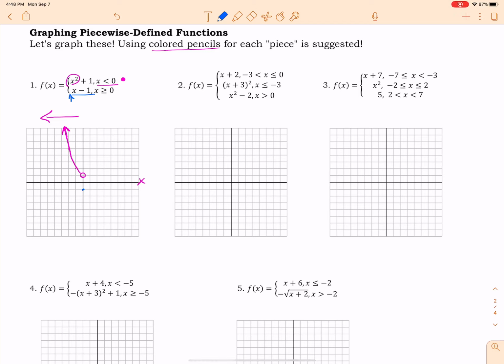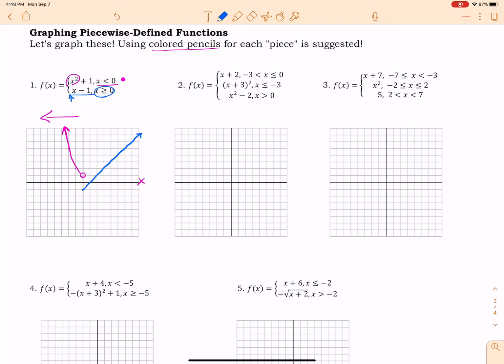So from -1, I'm going to go up 1 over 1, up 1 over 1, etc., etc., all the way up here. All right, this now is x greater than or equal to 0. So that is going to be all of this right here. There's my line. I know it's not very straight, I'm sorry. Okay, so that's the whole function right there.